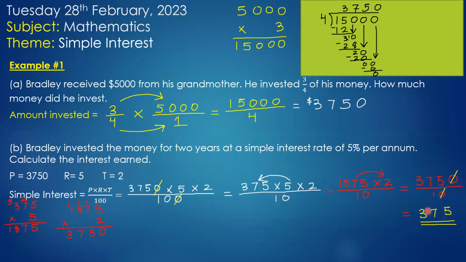Thank you, Lanaya. Excellent explanation. So the interest earned is $375. All right, now at the end of this, this is where it becomes a bit tricky. If I ask you how much the total amount of money he's going to get from the bank at the end of 2 years is, what would your answer be?